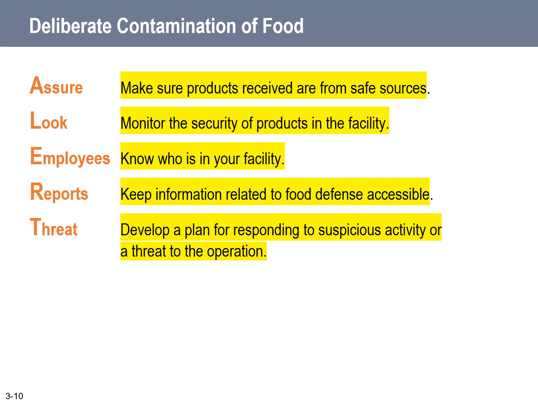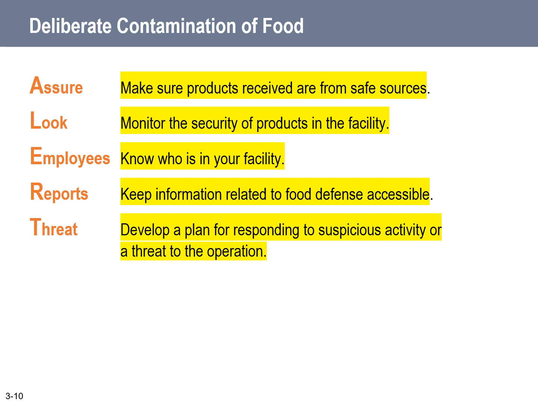And then that actually moves on to employees: know who is in your facility at all times. You do not want someone who does not work there or has gotten fired in your kitchen. You need to know who is on schedule and who should be in there at all times. Reports: keep information related to food defense accessible, so PO logs, food temp logs, corrective action logs, all of those you should keep on file.